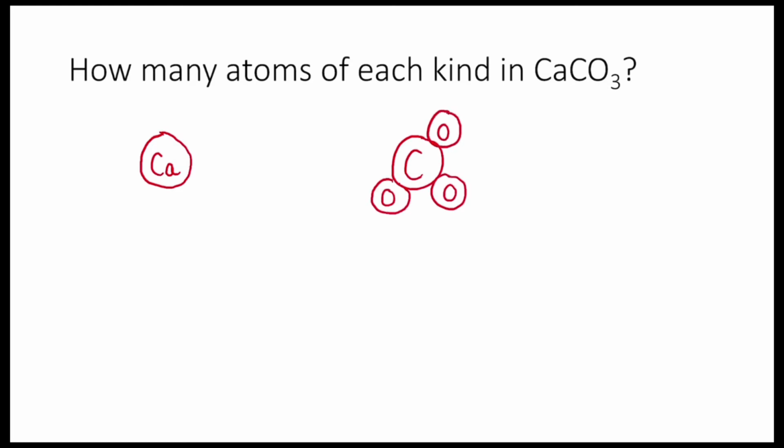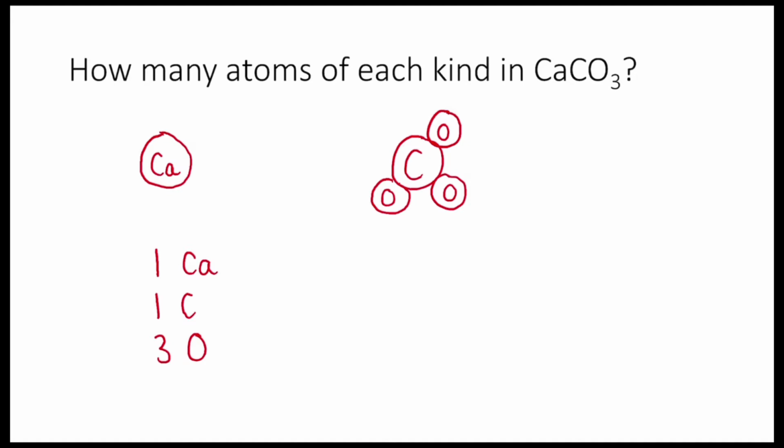So when you're counting each kind of element present, we have 1 calcium, 1 carbon, and 3 oxygen. So that's all we're going to be doing for counting atoms.